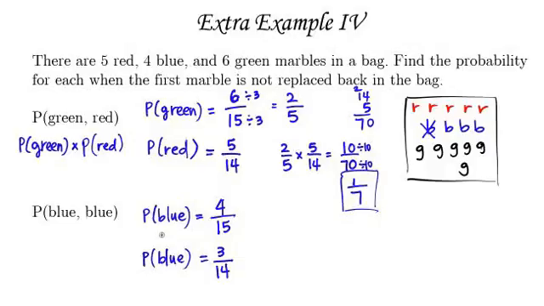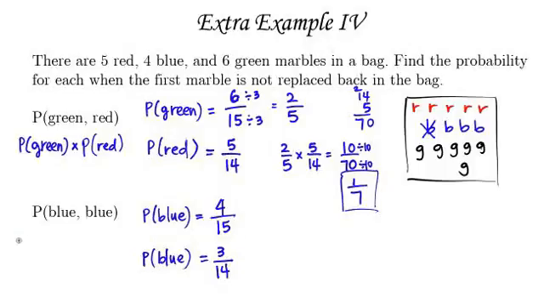So probability of picking the first blue was 4 out of 15, because I had just 4 blue of them, out of a total of 15 marbles. For my second pick, I'm also wanting to pick another blue one. I only have 3 left because the first one wasn't replaced back in, out of a total of 14 marbles left.